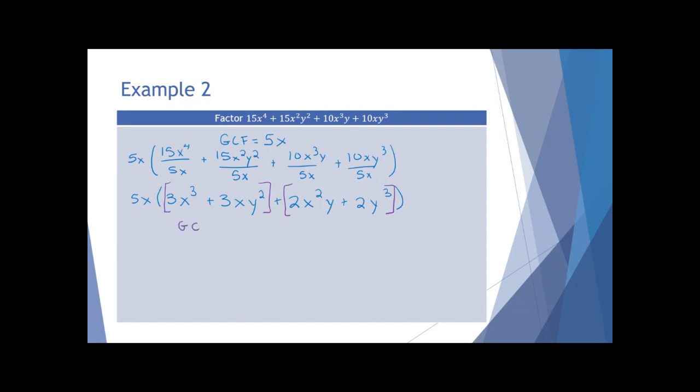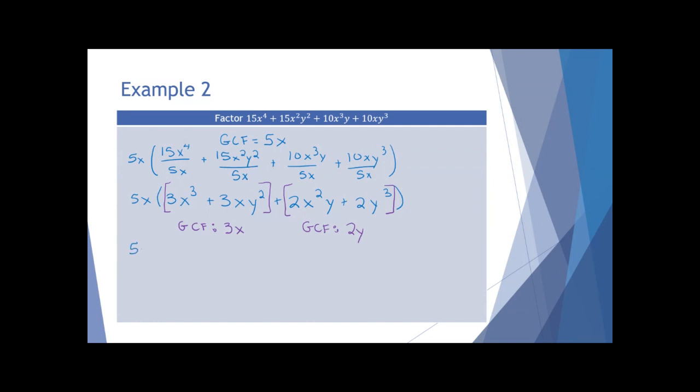So now I'm going to look at my pairs. So my greatest common factor out of my first pair, the 3x cubed plus 3xy squared. So that's going to be a 3, and then they both have x's. It's going to be a 3x. My second pair, I can have a 2 and a y. So I'm going to try to color code all of this.